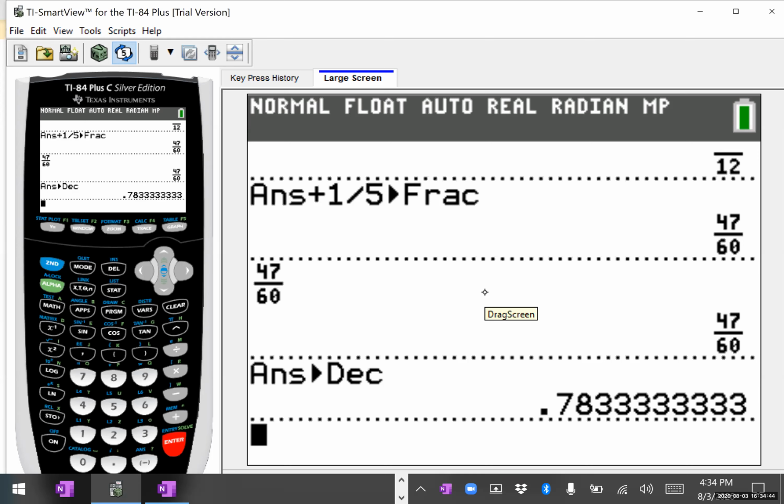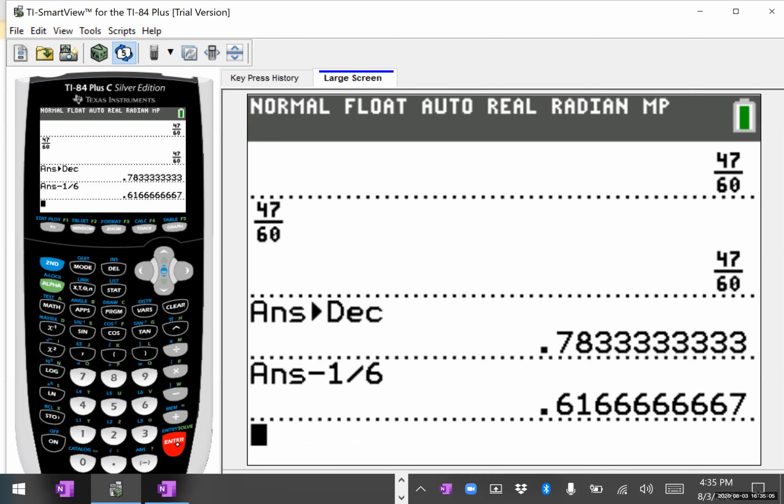I don't think so. Let me see what we got here. So we're going to take this guy, and I want this guy minus the next thing, right? So it was minus 1/6. This guy minus 1/6 might be pretty easy to hone in on something. So that's 0.6, right?